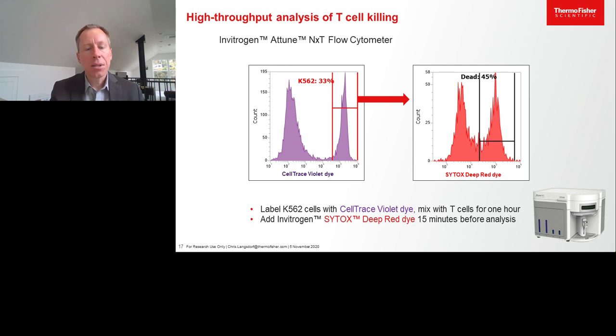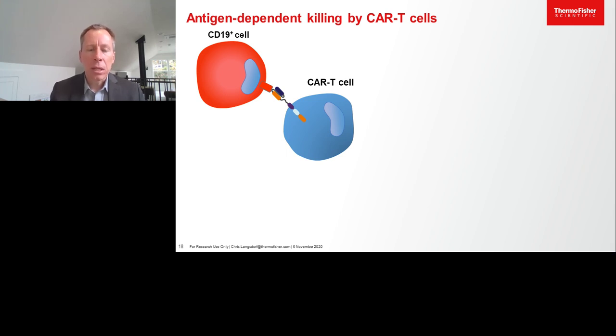Now, in this example, we're looking at T cells killing one cell type, but we know increasingly in immunotherapy, chimeric antigen receptor T cells are used because they can specifically target a T cell to recognize cells expressing a given antigen.